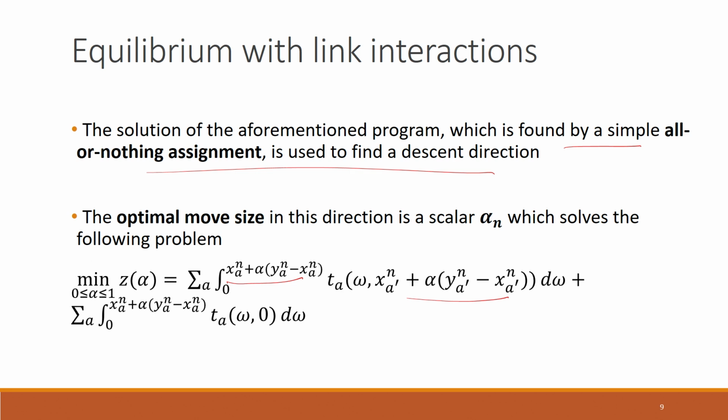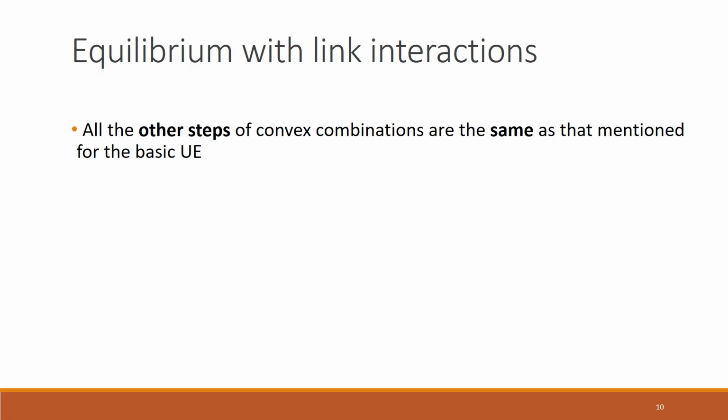Okay. And now we need to minimize this objective function with respect to the constraint that alpha lies between 0 and 1. So, all the other steps of convex combination algorithm are the same as that mentioned for the basic user equilibrium.